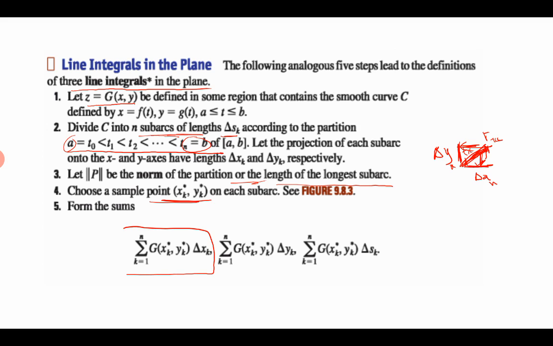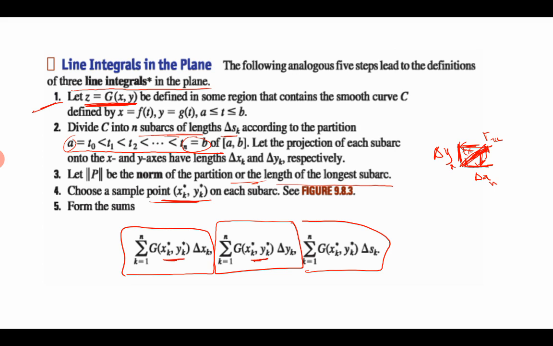Three different Riemann sums. This one is for g of x y: substitute xk star, yk star in g of x y, and multiply with del xk. Another one: sum all the parts, substituting xk star, yk star in g of x y, and multiply with del yk.